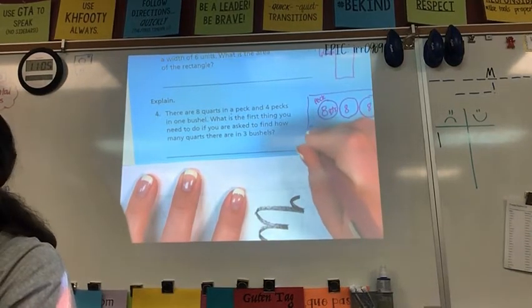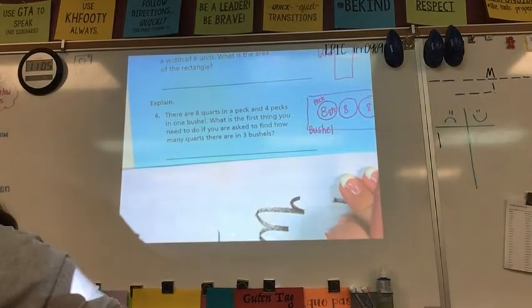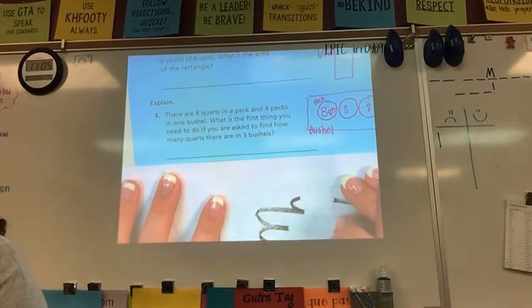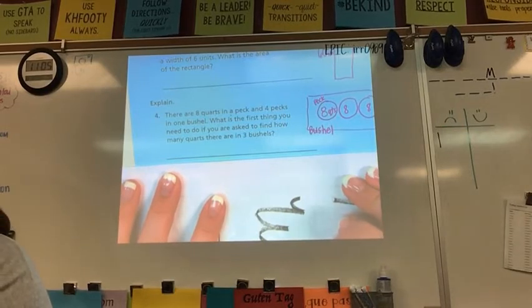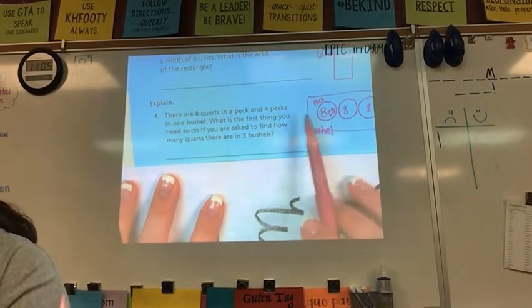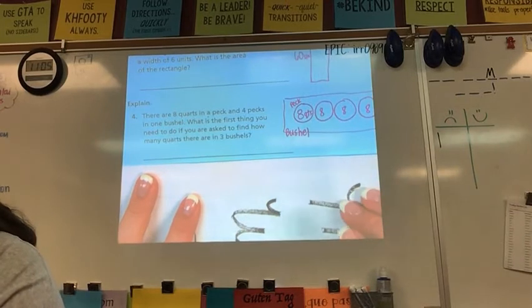bushel. What's a bushel? They wanted to know what's the first thing you need to do if you're asked to find how many quarts there are in 3 bushels. Well, what did we do just now? What was the first step that I found?